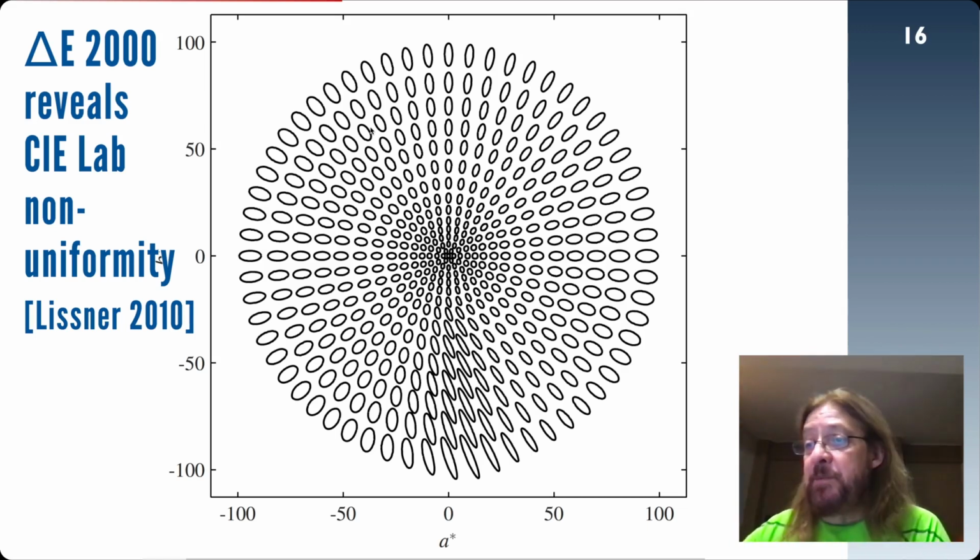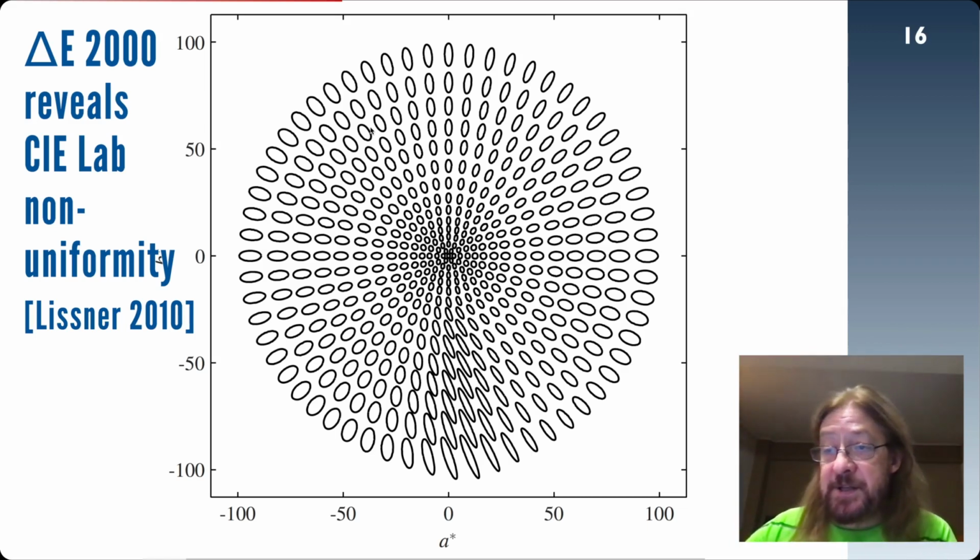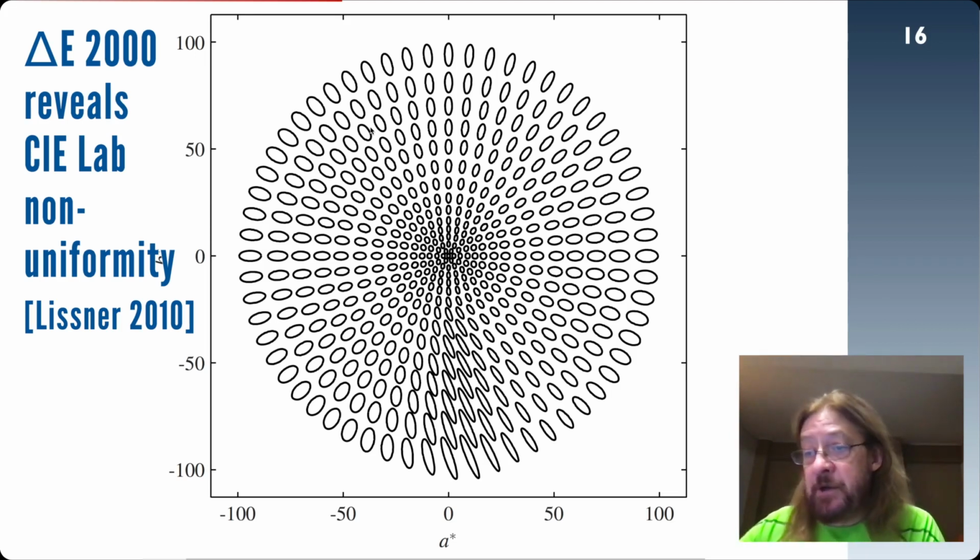An elliptical shape means that changes on the long axis are less noticeable than changes on the short axis. Also, check out the blue-violet region around 270 to 330 degrees. Not only are they super elliptical, but they are rotated and don't point at the neutral axis at all.